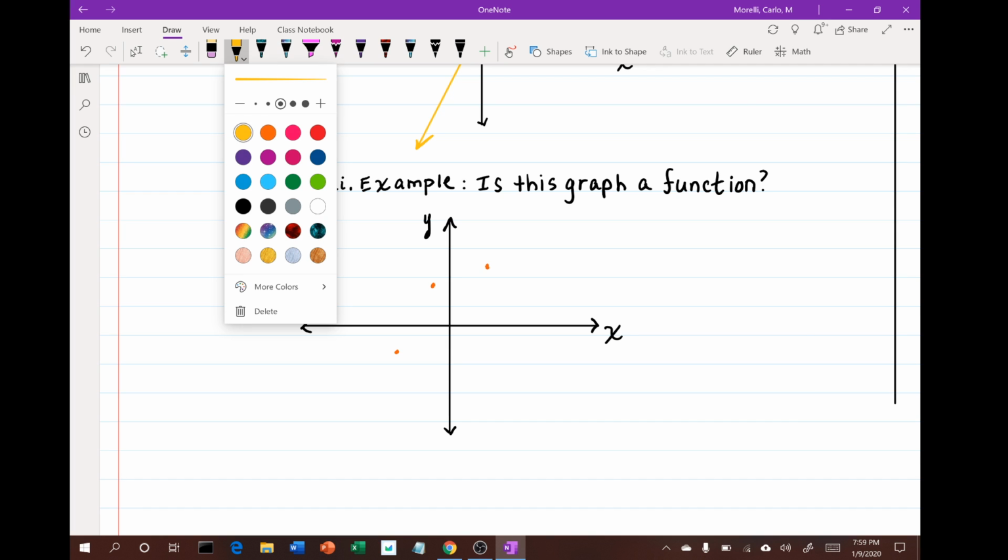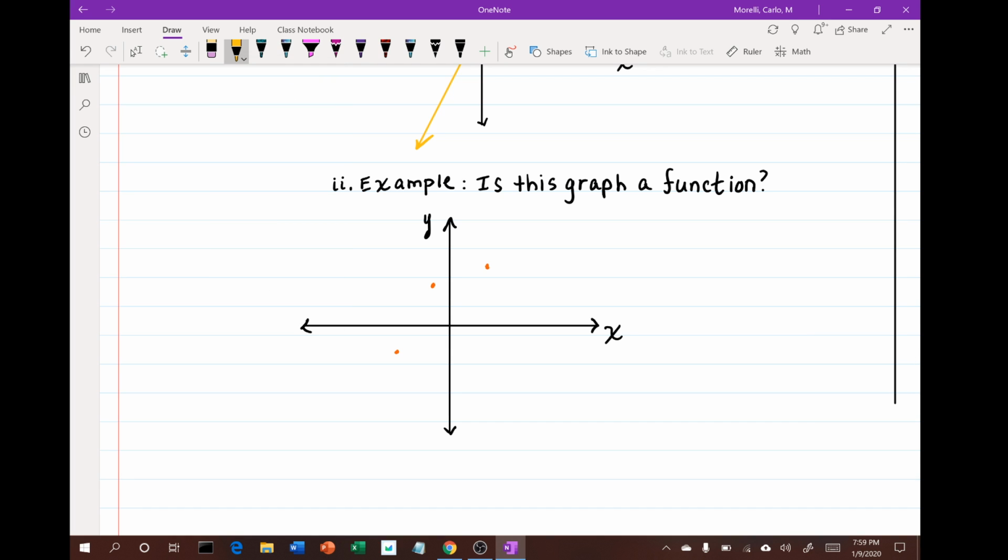Let me see how this looks. Oh, I don't know.